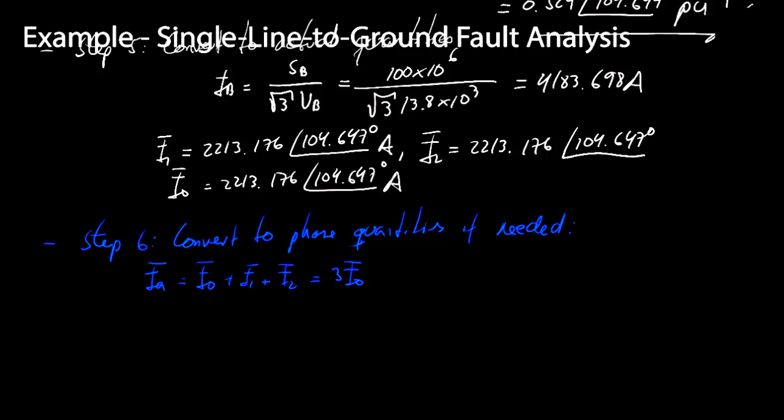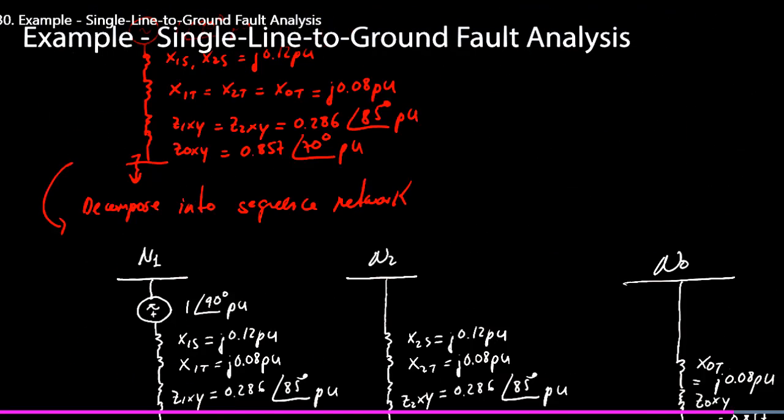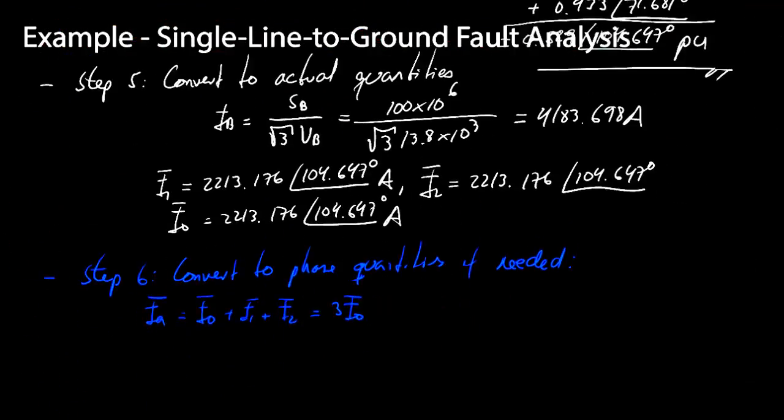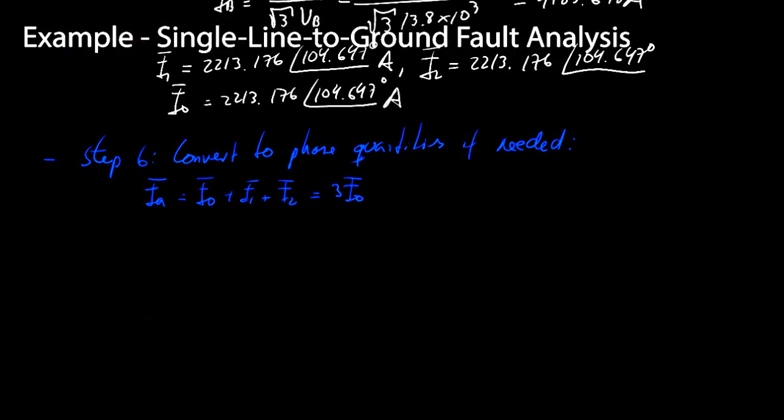The reason behind that is that for a system like this, once you do the analysis using the symmetrical components technique, you'll see that the phase current for the faulted phase in a single line of ground fault is actually going to be equal to 3 times the zero sequence current, so 3I0. That's where that comes from.